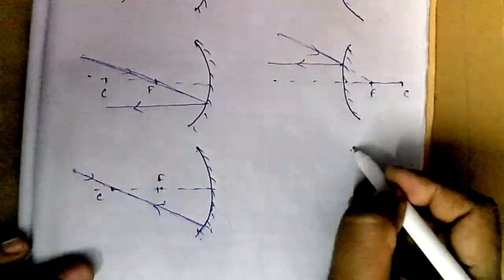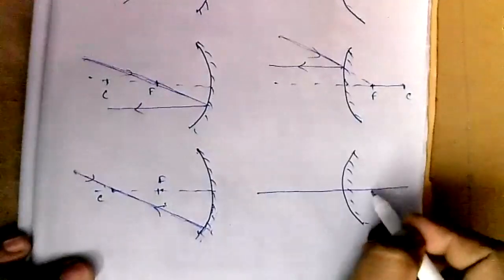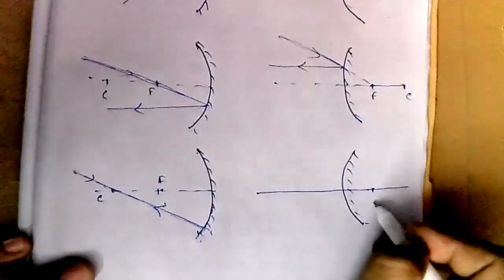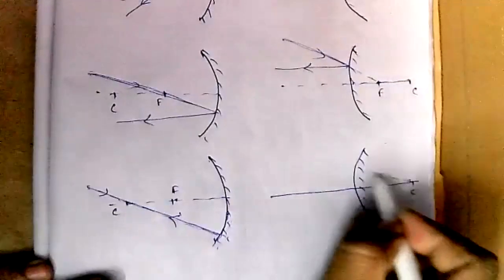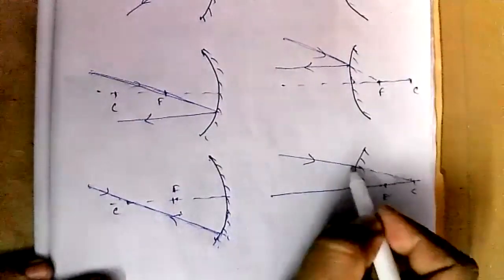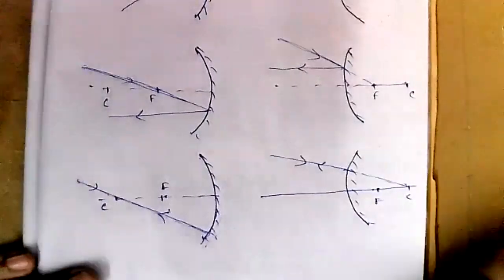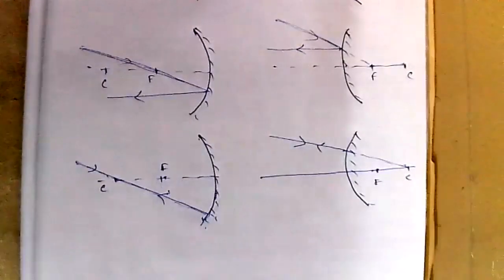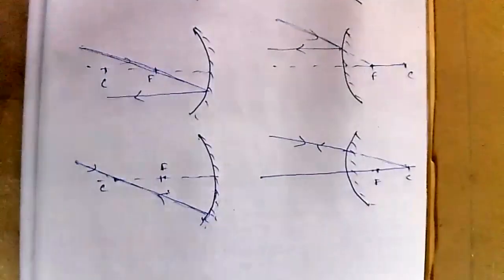In case of a concave or convex mirror, any ray which is directed towards the center of curvature just retraces its path. So these three are the rules for drawing ray diagrams.